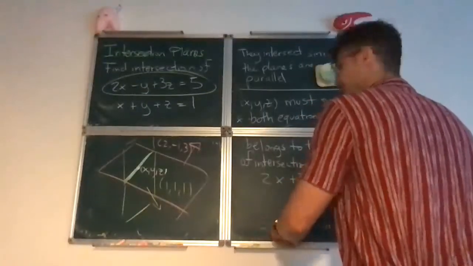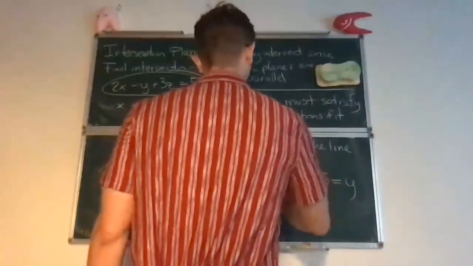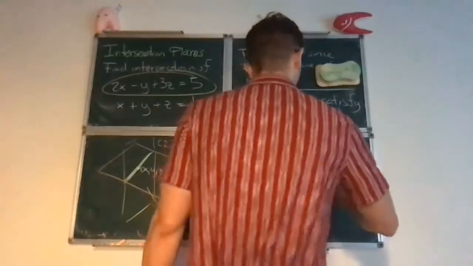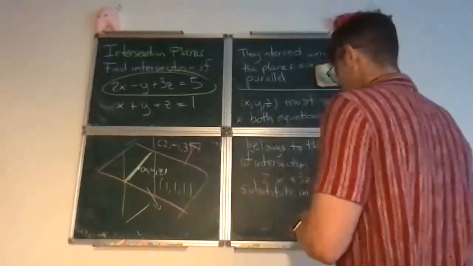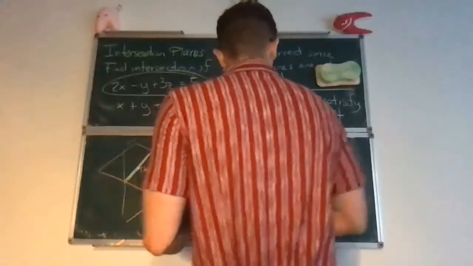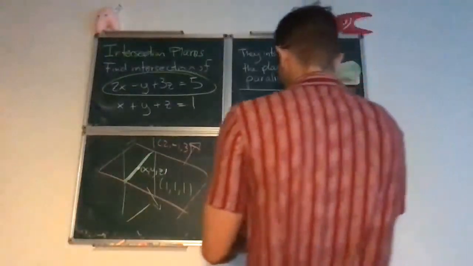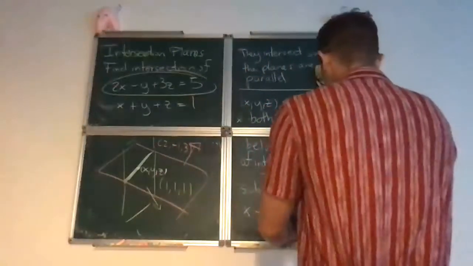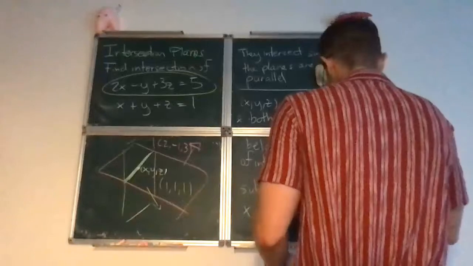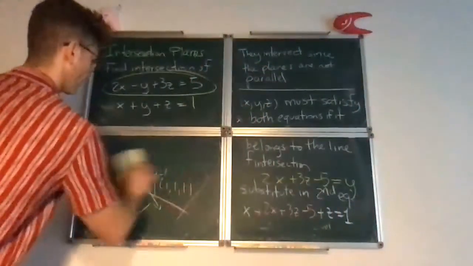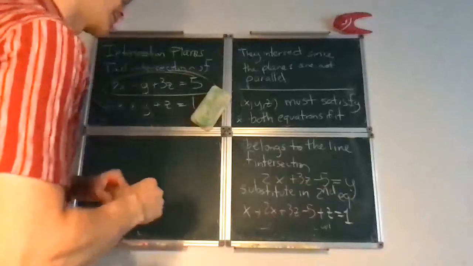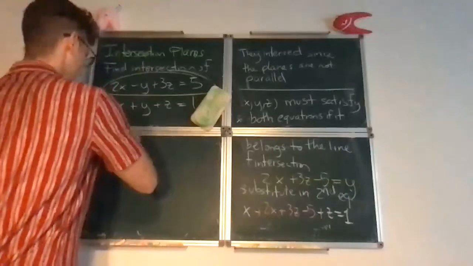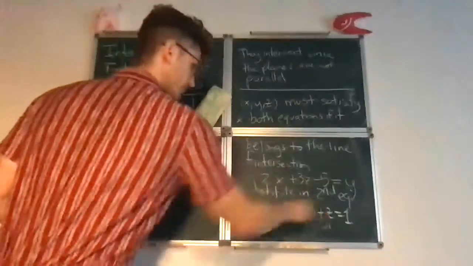If you substitute in the second equation, you get x plus y, but now y is 2x plus 3z minus 5, and that plus z equals 1. And so that gives you 3x plus 4z equals 6.